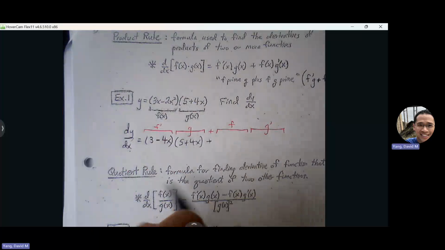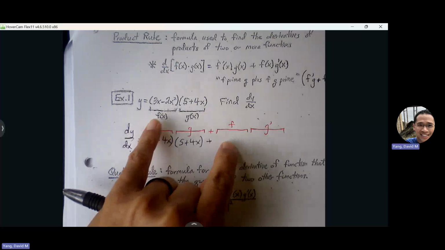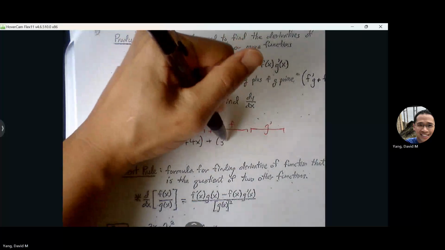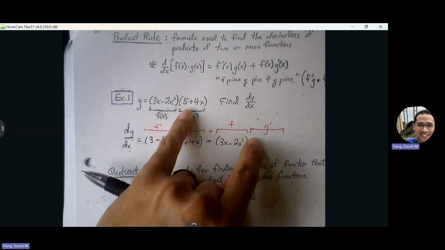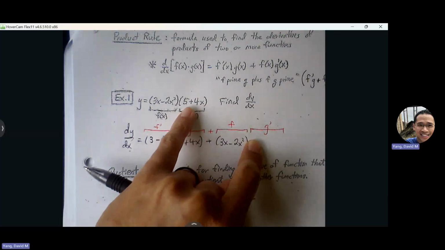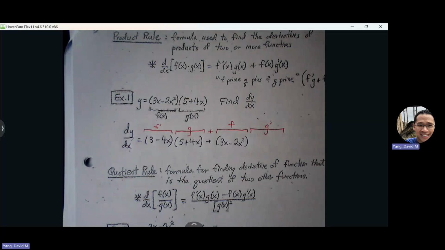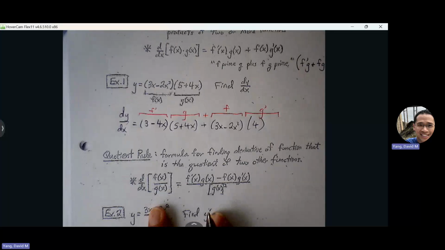Back to f, no changes. And then g prime was the derivative of 5 plus 4x. Just 4, because 5 goes to 0 and 4x becomes 4. So this is our derivative.